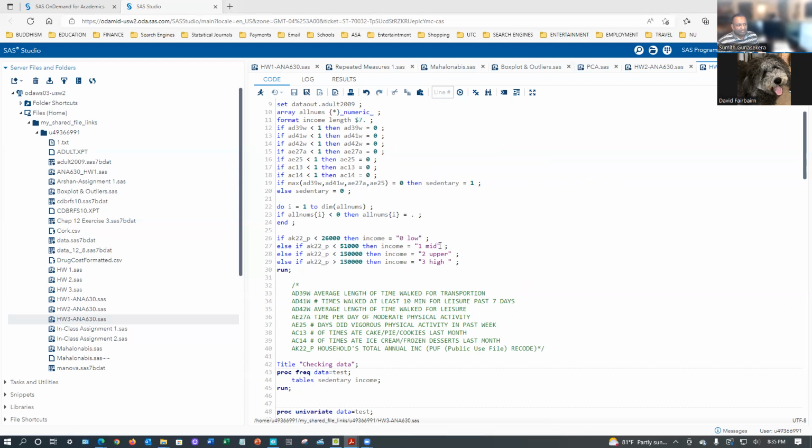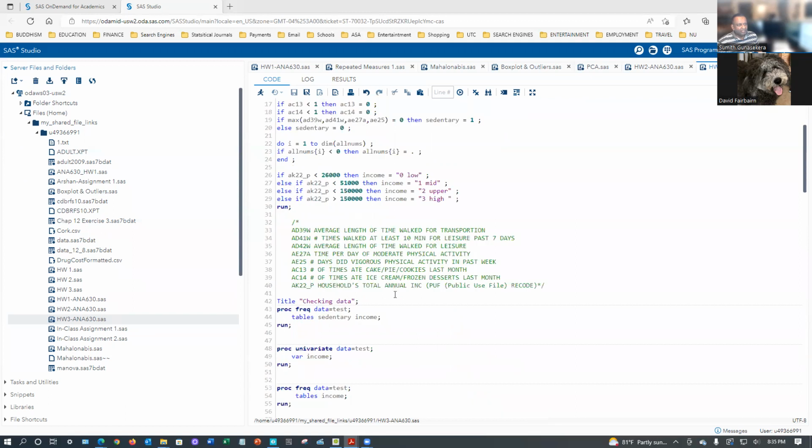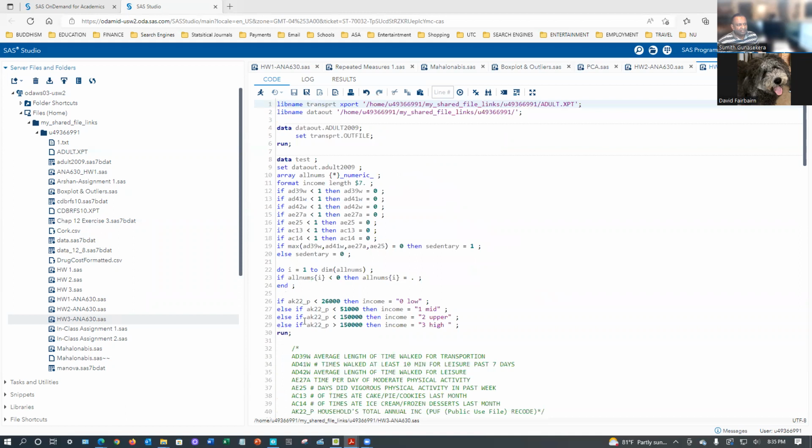I grouped the income. AK40, AK22_P is nothing but household total income. I labeled that 0, 1, 2. If it is less than 26,000, low; less than 51,000, middle income or something like that; 150,000 or more, just simply 2, else.